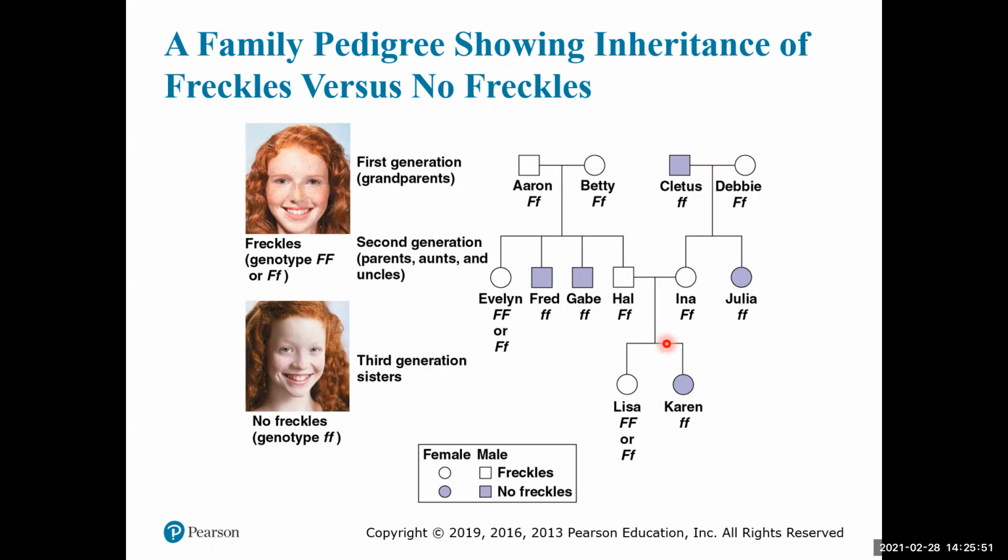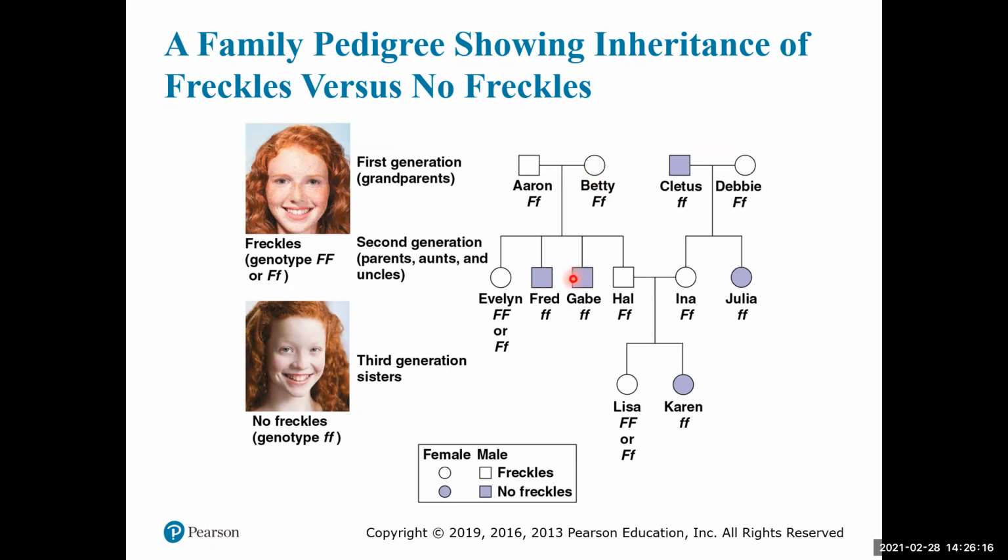Okay, so for example, if we did not know Gabe's genotype, then we could determine that because we have his parents' information. So we know that Aaron and Betty have freckles. We know that freckles is a dominant trait.